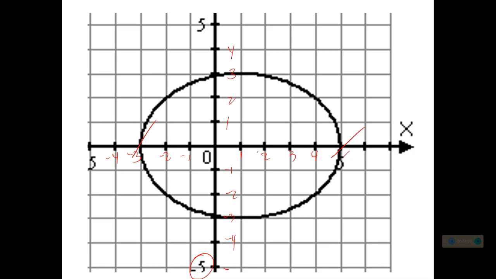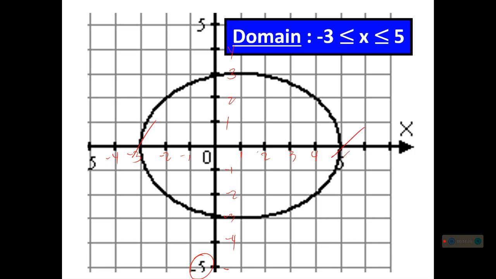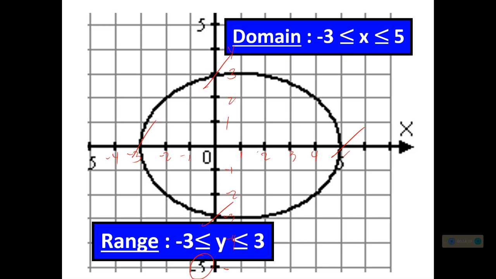So that's why your x is greater than or equal to negative 3 but less than or equal to 5. Okay? Then our range starts with the least negative 3 and the largest is positive 3. So we have here your y is greater than or equal to negative 3 but less than or equal to 3. Okay? Any questions so far?